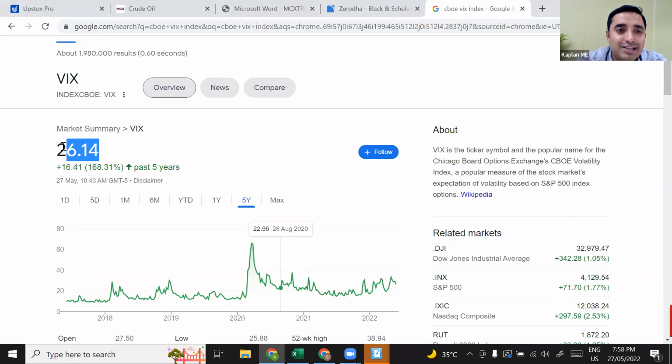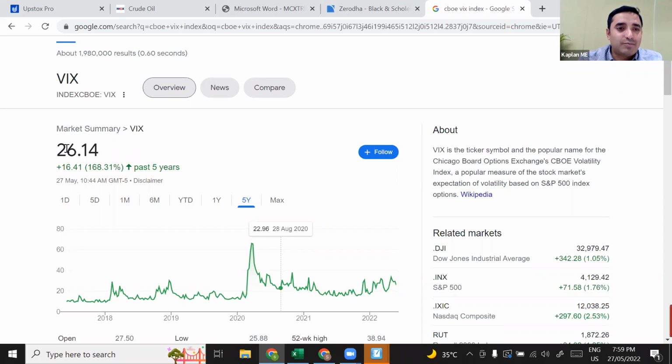Now, what does this 26.14 indicate? How should I even interpret this 26.14? Mathematically speaking, you know that returns are normally distributed.